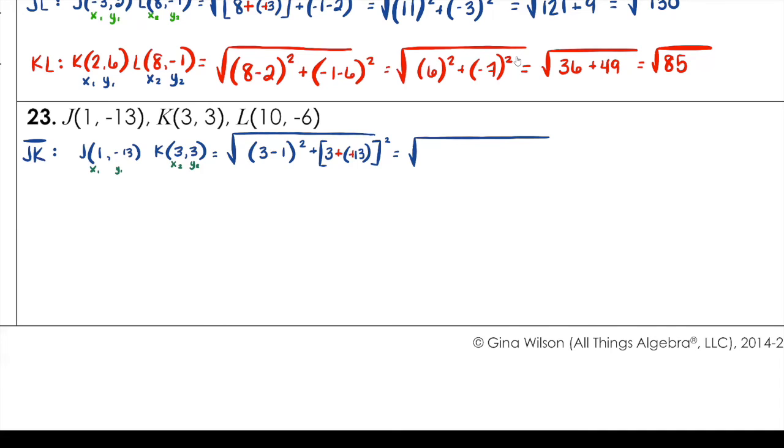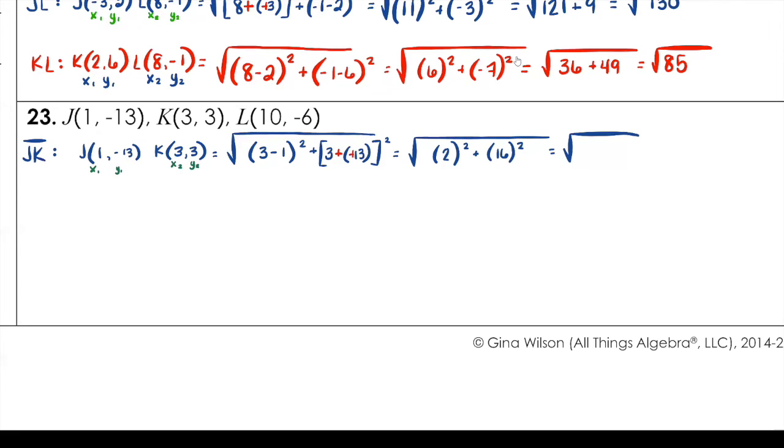All right, so 3 minus 1 is? 3 plus 13 is? 16. 3 squared? Or 2 squared, my bad.